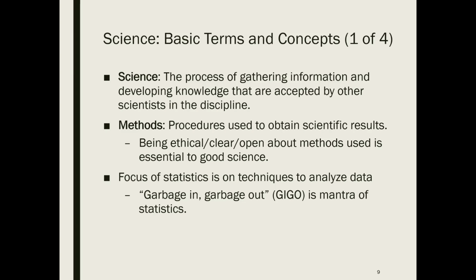The way we conduct science is that we have procedures that help us get scientific results. Later, we will talk about different statistical approaches to analyze data. Those are considered a scientific way to obtain scientific results.